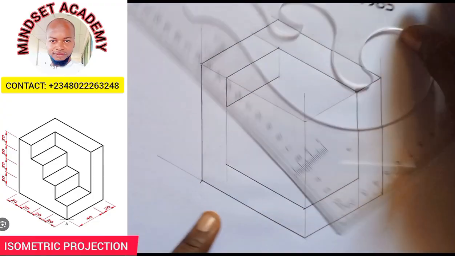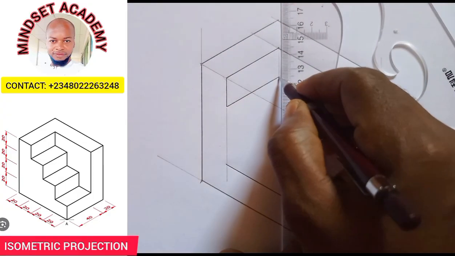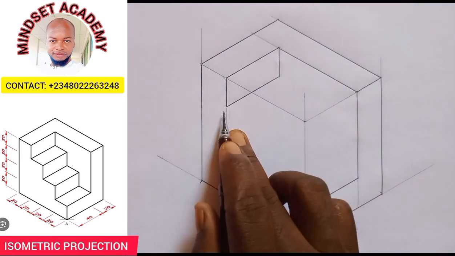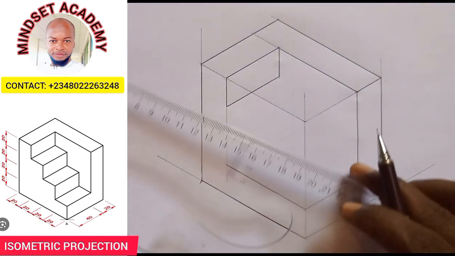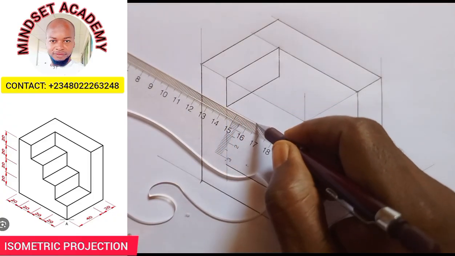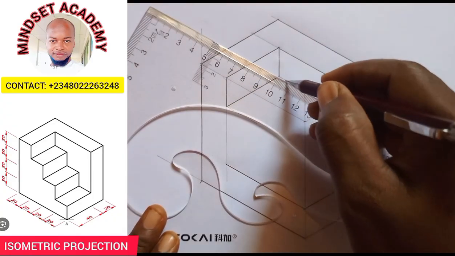I'll close it up, and I'll close it up too. Now if you look at my arrow, there's another one coming out too. I'll bring it out by 20, and I'll bring it out too by 20.